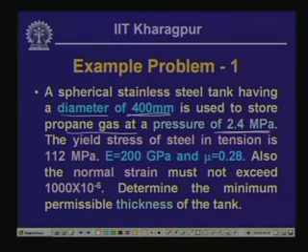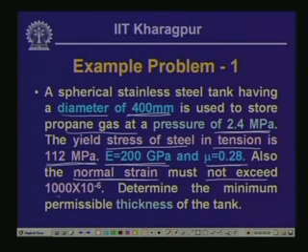The yield stress of steel in tension is 112 megapascal, the value of E is given as 200 GPa, and the Poisson's ratio as 0.28. Also, it is stated that the normal strain in the vessel should not exceed 1000 into 10 to the power minus 6. So, under these constraints, we will have to determine the minimum permissible thickness of the tank.